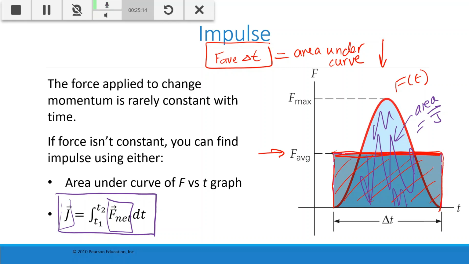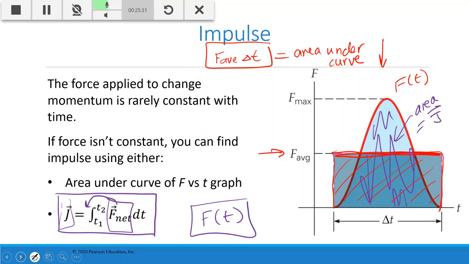You'll most likely see these in one-dimensional problems though. So you can therefore integrate the force over time, assuming you have force as a function of time. If the force is constant, then the force could get pulled out in front of that integral.